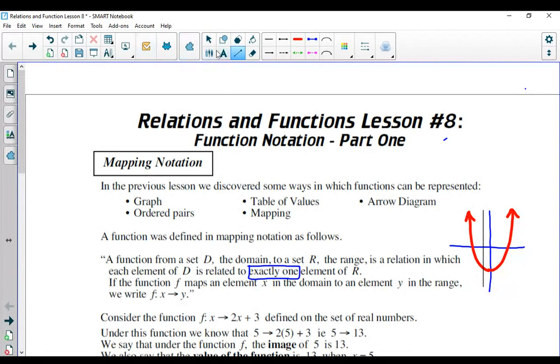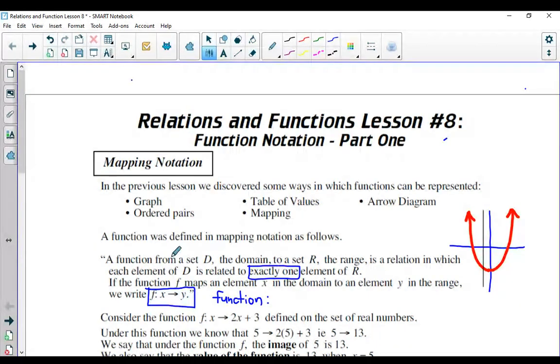We started to look at the notation towards the end of the last lesson. The notation we looked at was f, and then x arrow y. And again, just to remind you what that means, f is an abbreviation for function, which is a special type of relation where for each distinct x value, there's only one y value.